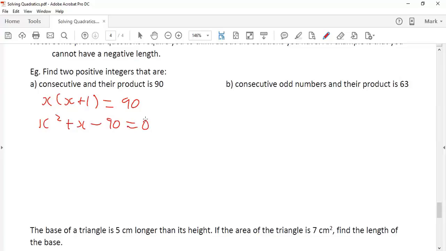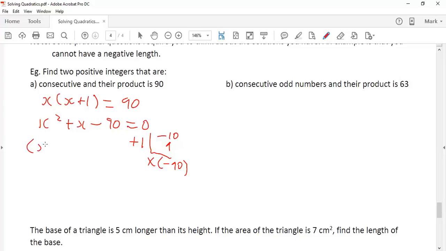And now, yeah, we can just solve this using any of our techniques. But remember, since they want a positive integer, that gives us a hint that it's going to factorize nicely. So let's just go back to our old X method. So two numbers that times to give you negative 90 and add to give you 1. So yeah, it will be negative 9 and 10.